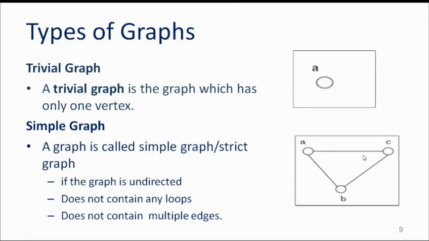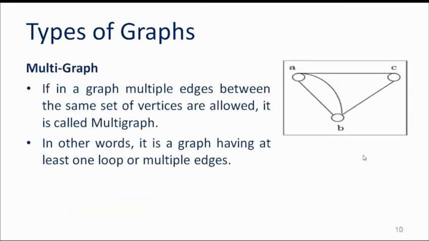Simple graph, a graph is called simple or strict graph if the graph is undirected, does not contain any loops, does not contain multiple edges. So if these 3 are satisfied, then it is said to be a simple graph. So this is multigraph.